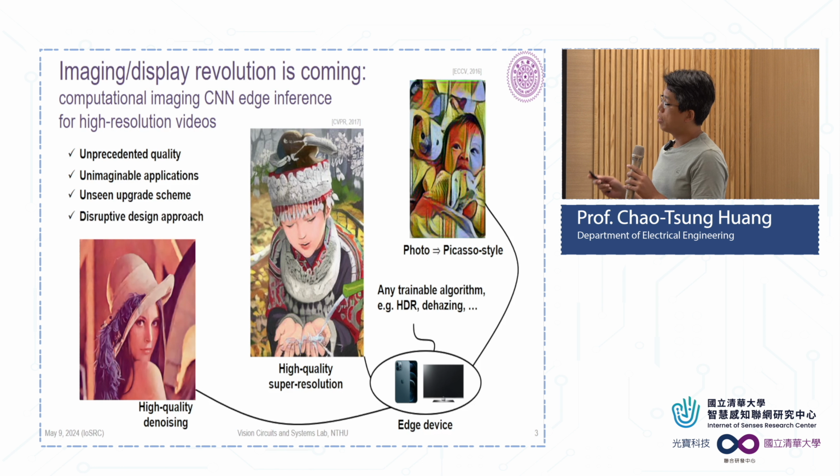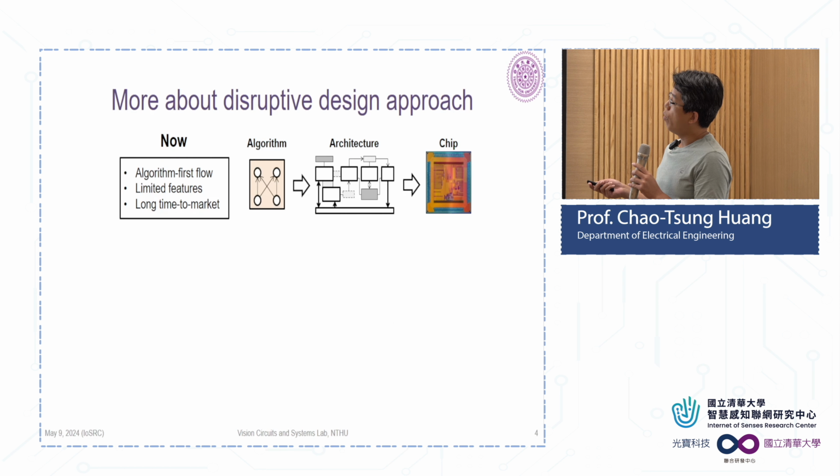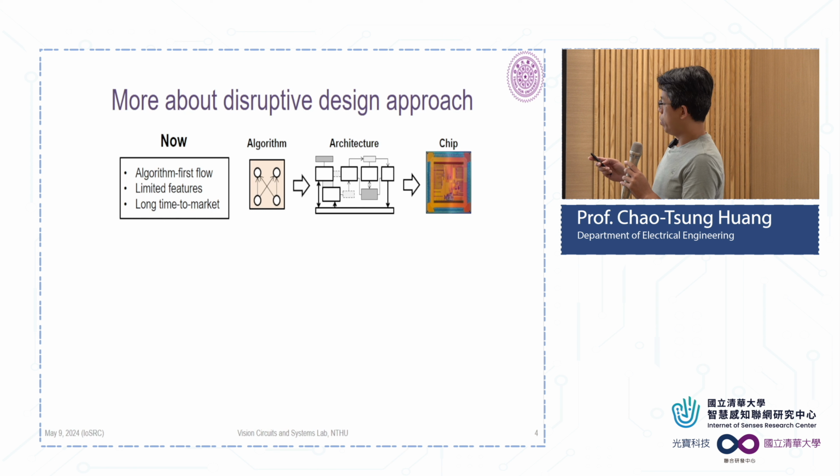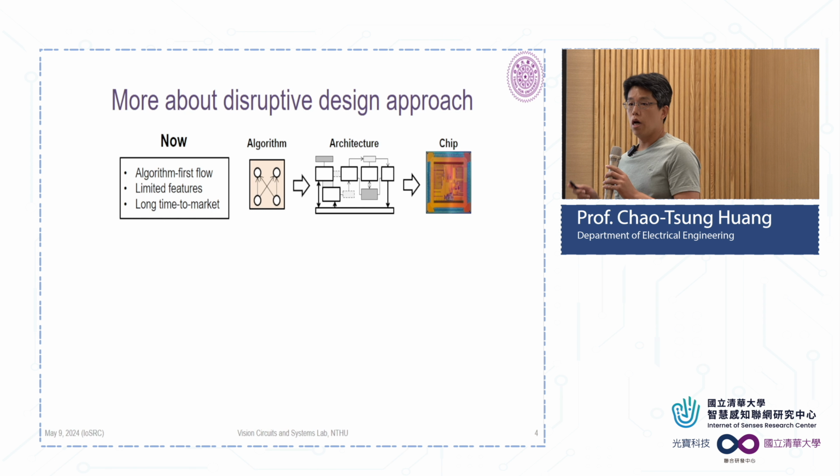And we may also see the design approach for these products change. I would like to use this slide to share this idea. Let's see the current design approach for these products. Before implementing this chip, the project manager needs to define the applications they want. After defining these applications, they will form an algorithm team to develop the algorithms.